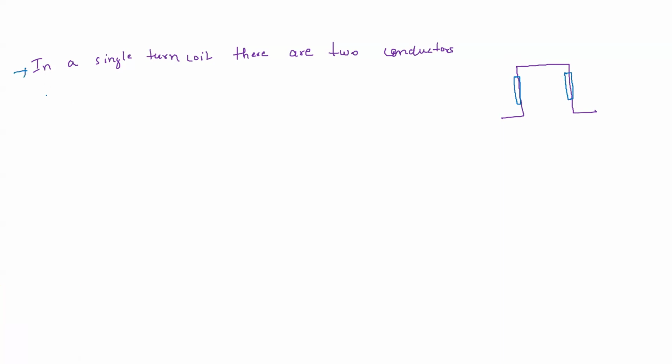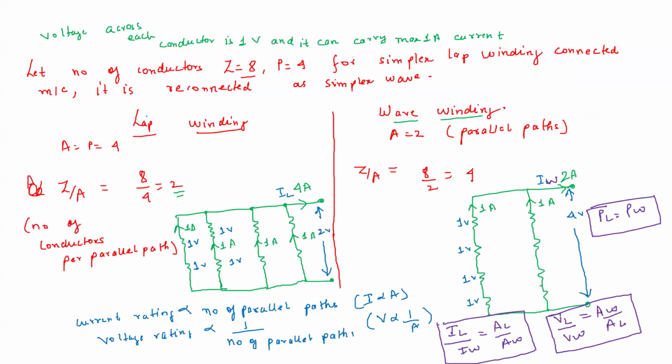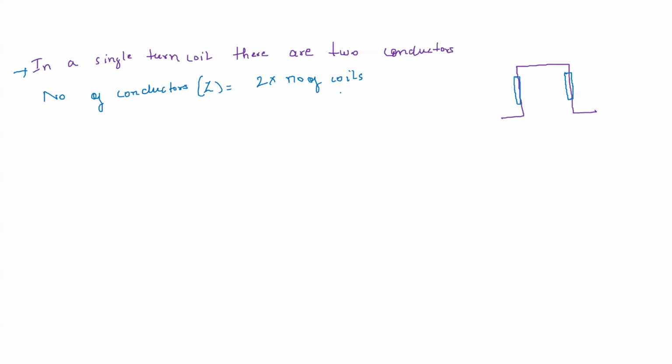So the number of conductors, or Z, will be equal to 2 times the number of coils. For knowing the number of conductors per parallel path, you need to know the number of total conductors, right? Sometimes the information is given in terms of number of coils. Okay, so in that case, how to do it?